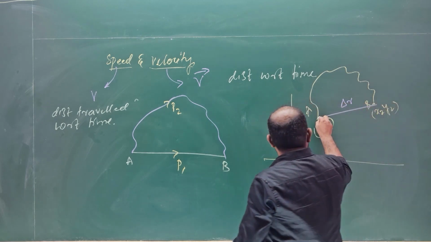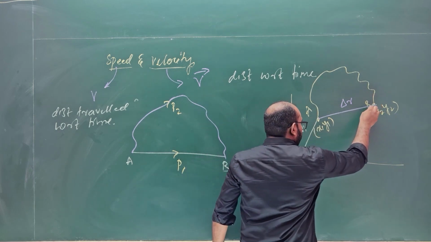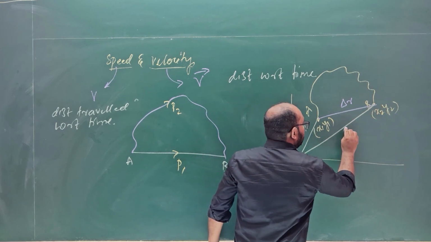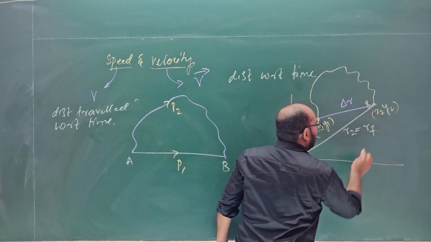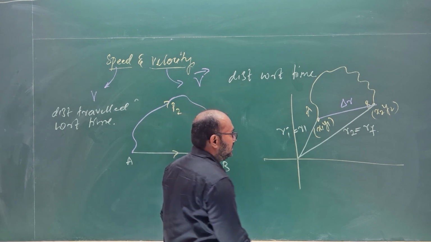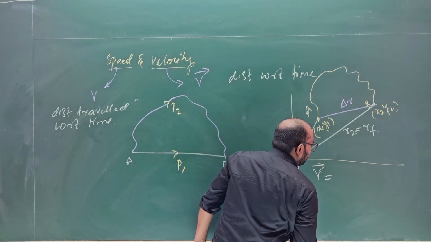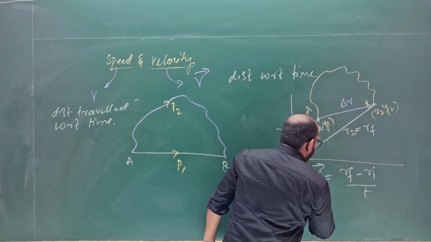This first one is your r1 and this one is your r2. One is called final and the other initial. Then velocity can be written as r final minus r initial with respect to time.